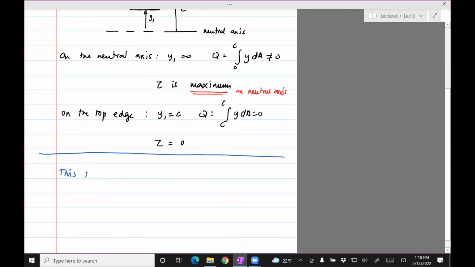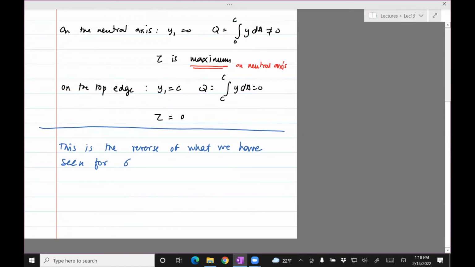This is the reverse of what we have seen for sigma, where sigma is sigma max at the edges and sigma equals 0 on the neutral axis.